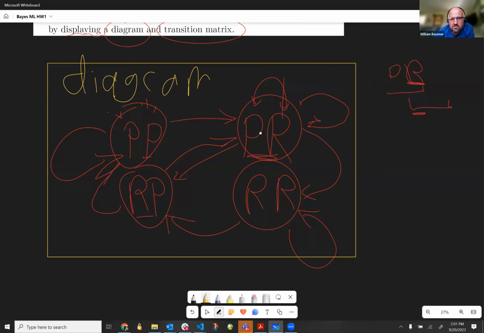Now, for the homework assignment, you're not looking at just P and R, you're looking at S and R, Sunny and Rainy, with the same idea. And instead of just taking 2 examples, you're going to have 3. Notice we can't go from, okay, what I've written is sufficient for the problem. You can't do this, right? That's not allowed. There's going to be no transition that goes from pass pass to run run in just one play.